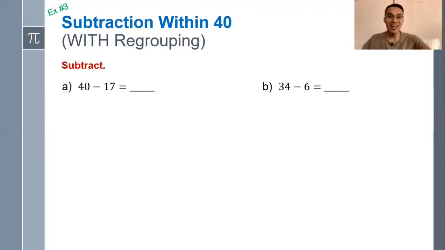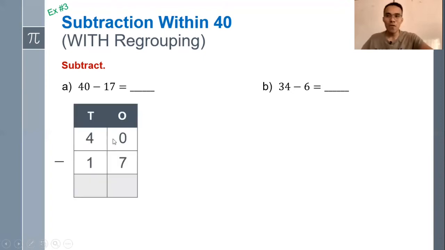By the way, this is going to be my last set of exercises. Let's have letter A. 40 minus 17 equals blank. This time, we're just going to use the place value chart to subtract these numbers. We no longer use the base 10 blocks.